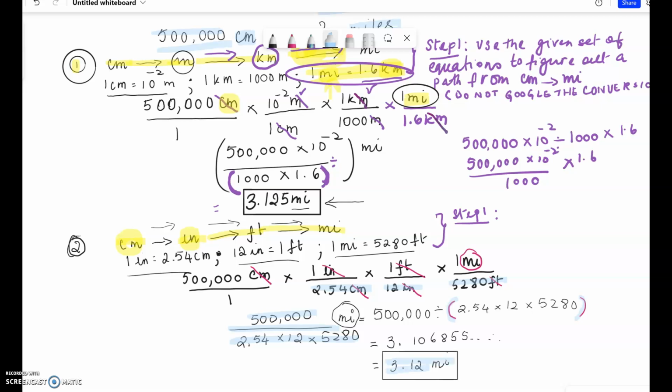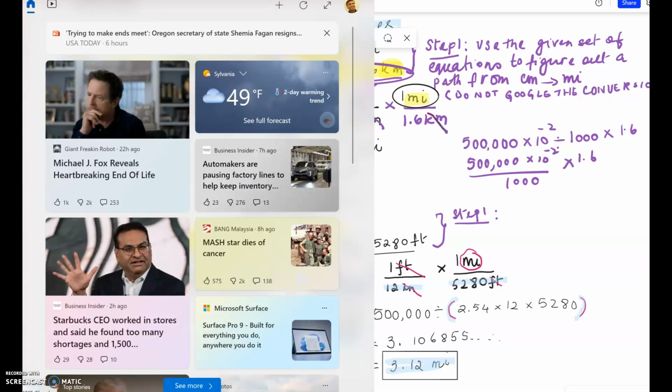And when you simplify it, you get 3.106855 miles, and that when rounded to the second decimal place is 3.11 miles. Now it's slightly different from our previous answer only because some of these equations are approximated. So it's slightly different, but no matter which path you use, your answer is correct to some precision.